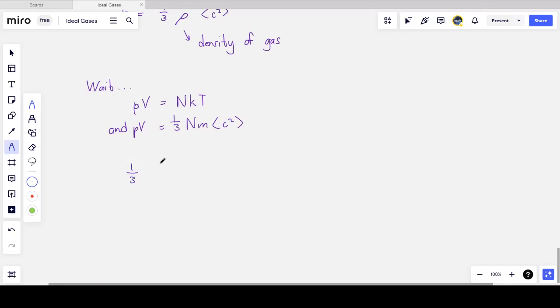Let's equate the two right-hand sides. The right-hand side of the second equation is 1/3 Nm average of c squared, and this is equal to NkT. Now the n's immediately disappear, but I'm left with the mc squared.